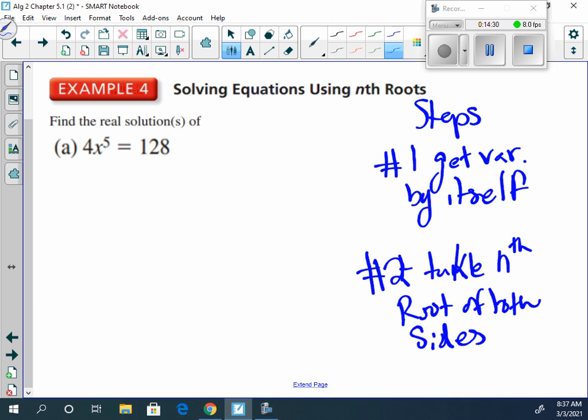And the last step is solve. Give you all a second to write those steps down.